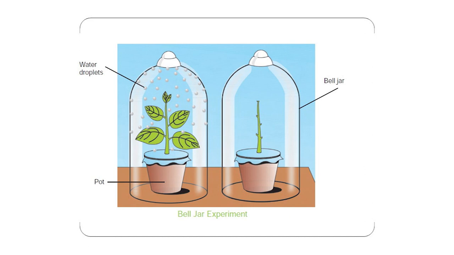After some time we find more water droplets in bell jar A with the leaves, whereas fewer water droplets in bell jar B. The leaf transpires more water, whereas in bell jar B without leaves, transpiration from the stem happens in a very minimum quantity. Right? I hope you are able to follow this experiment, the bell jar experiment.